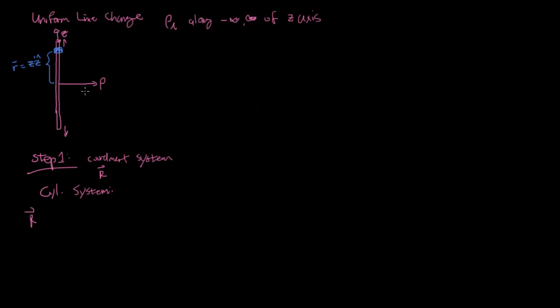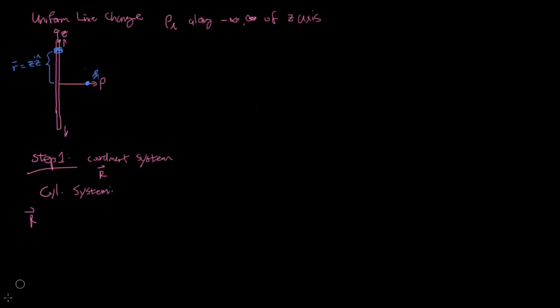And now let's look at any observer point here. Since this runs up and down infinitely, we can choose any location along the z-axis we want, right? Because if I'm standing here, if I look up, I see infinite charge. If I look down, I see infinite charge. If I take 10 steps this way, I'm going to see the same thing. So I can really set this anywhere I want.